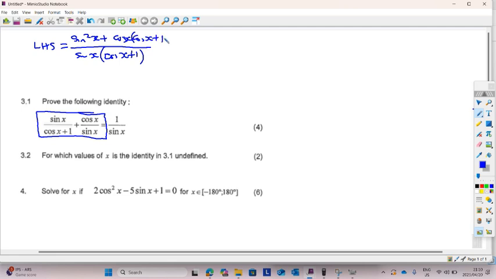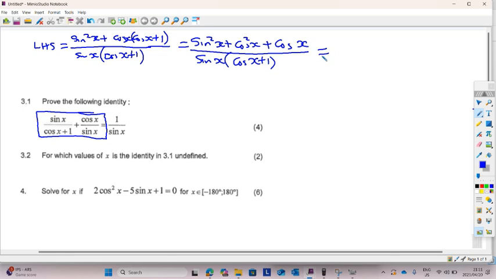And this is going to be equal to, clear this bracket, we have sine x squared plus cos x squared there, that is cos x times cos x, and then cos x times 1, that is distribution there, that is plus cos x, and this is all over sine x bracket cos x plus 1.